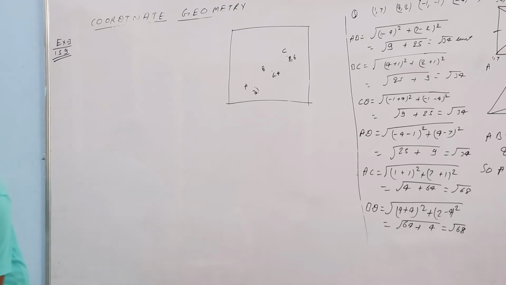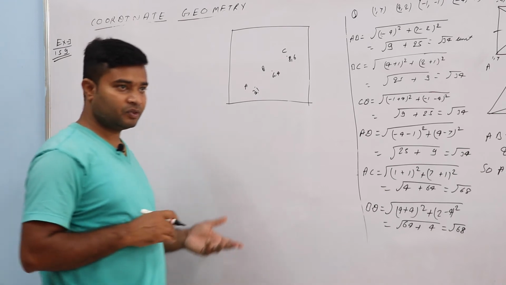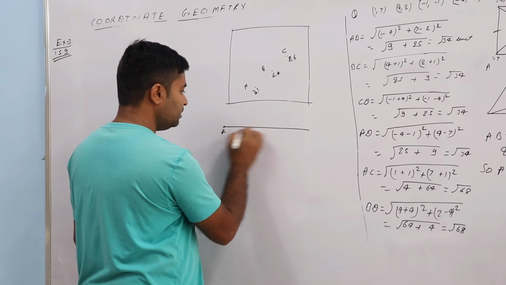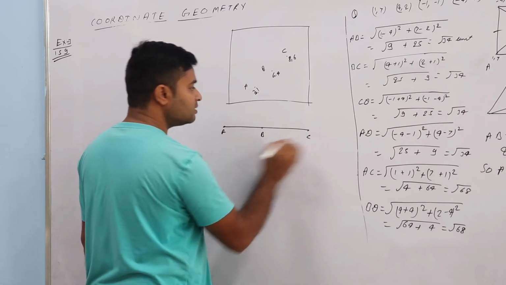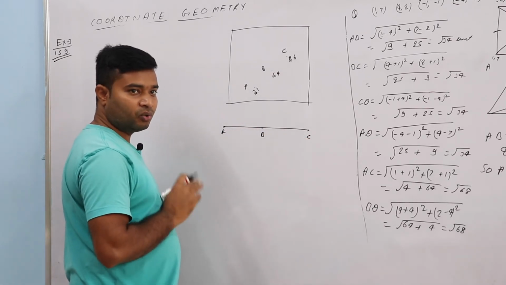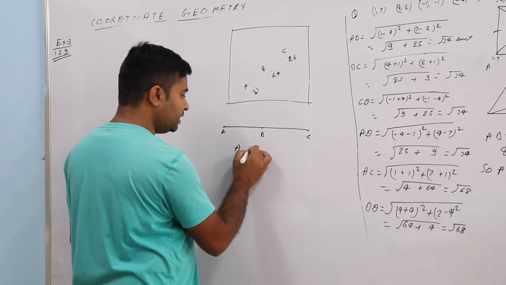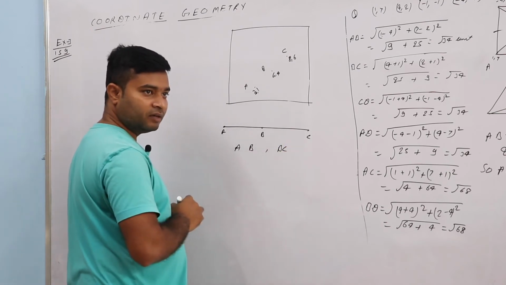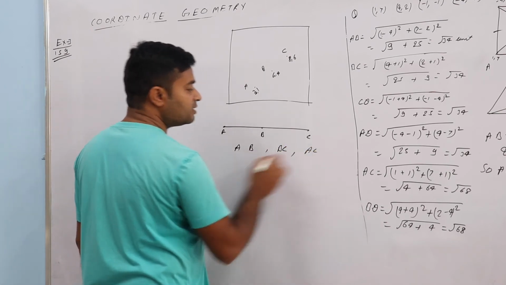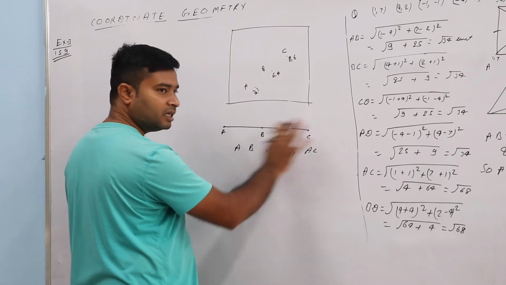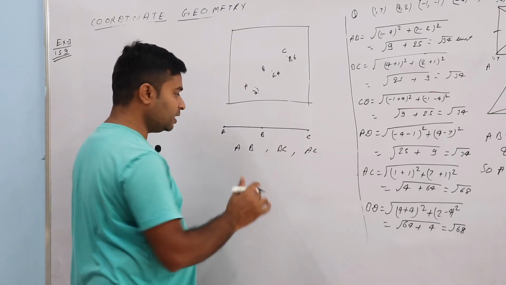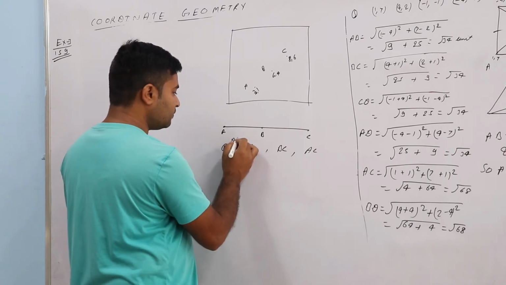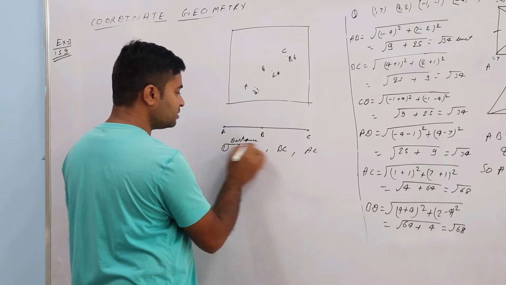Remember, for checking collinearity, like I am writing a line A, B and C. For checking collinearity, find the distance AB, then find BC, then find AC. This is the first step: find the distance.